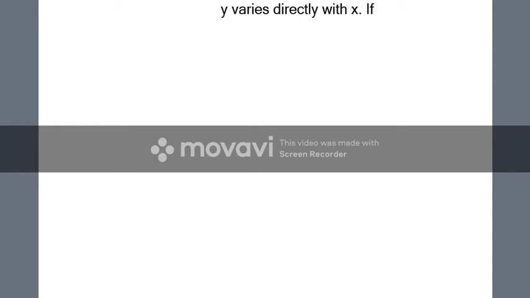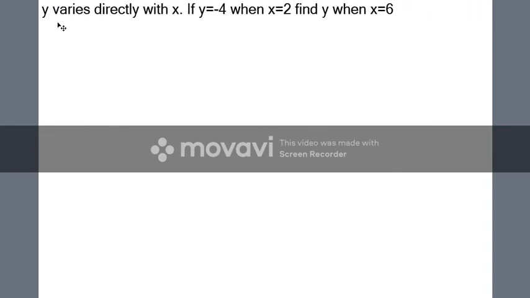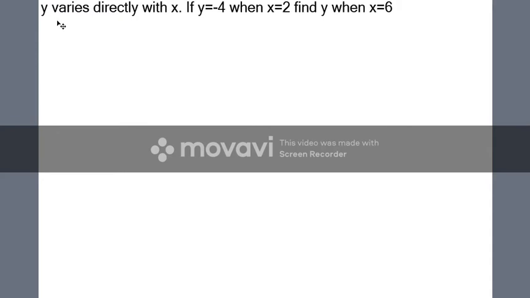If y equals -4 when x is equal to 2, find y when x is equal to 6.